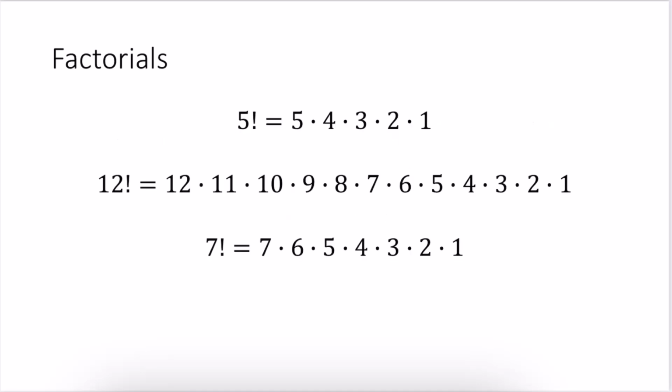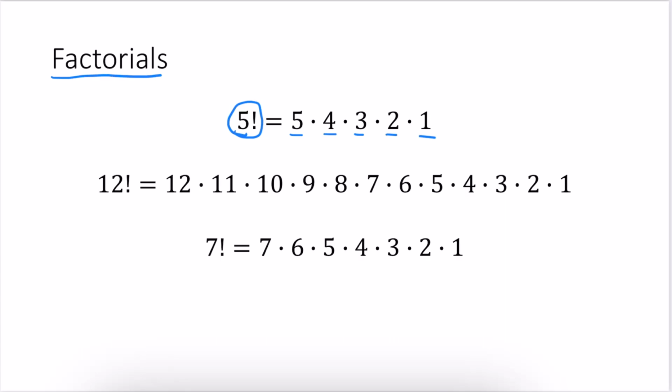So the first thing we need to know in order to understand the formulas is what the factorial symbol means. If you see 5 factorial, which is represented with an exclamation mark, what that means is you're going to do 5 times 4 times 3 times 2 times 1.